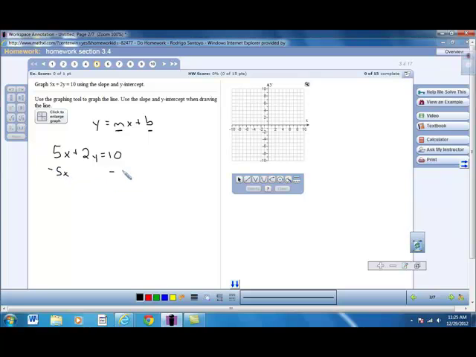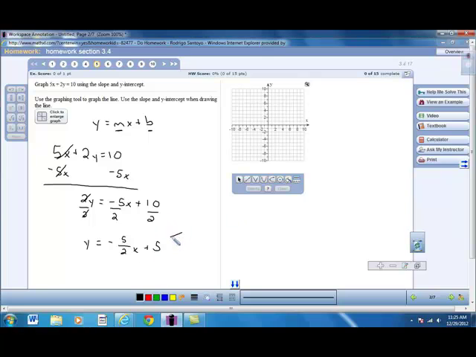We subtract 5x from both sides, because we'll see that will cancel. We'll be left with 2y equals negative 5x plus 10. And now what do we do? Just divide everything by 2. We'll see y equals negative 5 over 2 x plus 5.